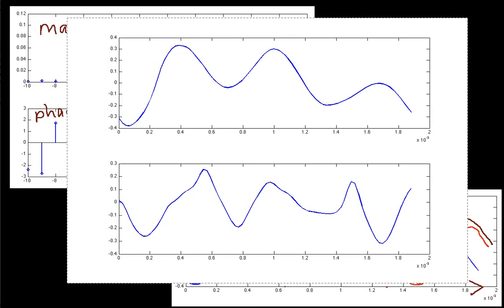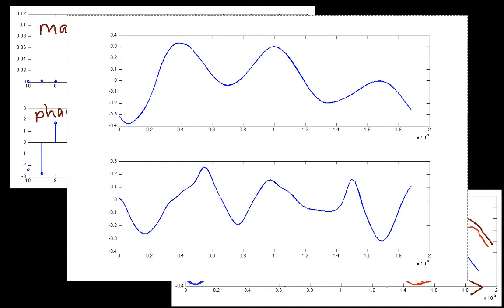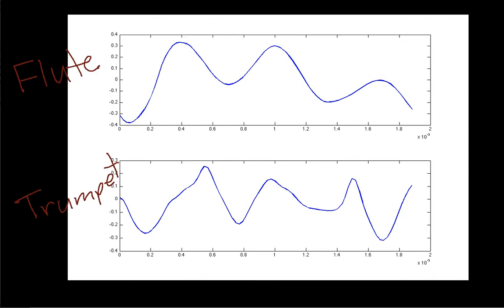This is the time waveform. In fact, here, let's see if we've got an empty one here. Oh, this is the original time waveform for the flute and the trumpet. If I take just the first harmonics and plot those along with the time, or the fundamental frequency, I'm sorry, and plot those along with the time waveform, I get something that looks like this.